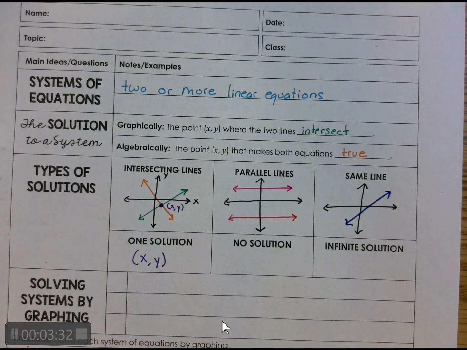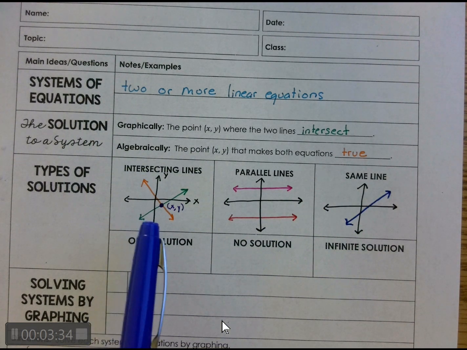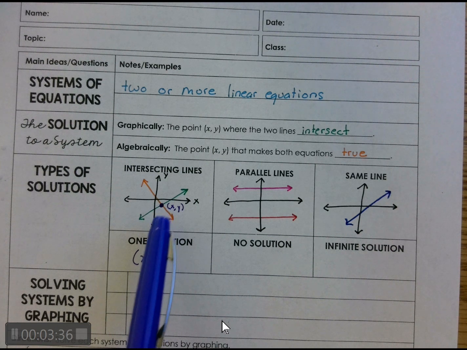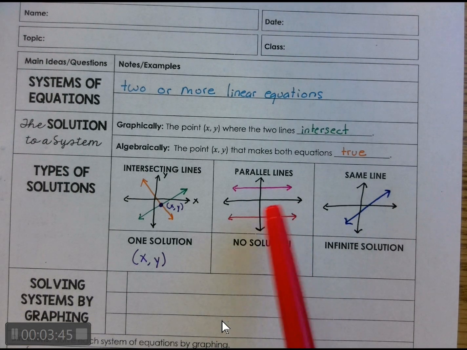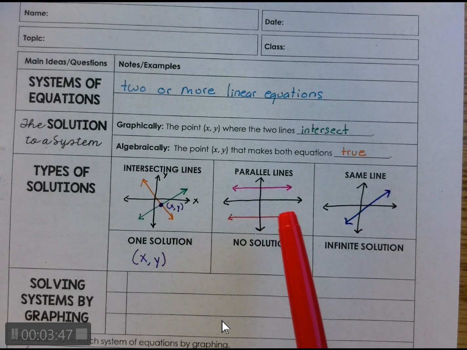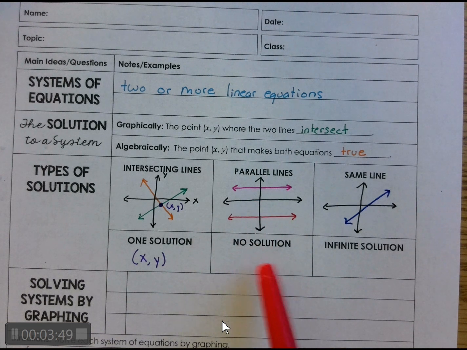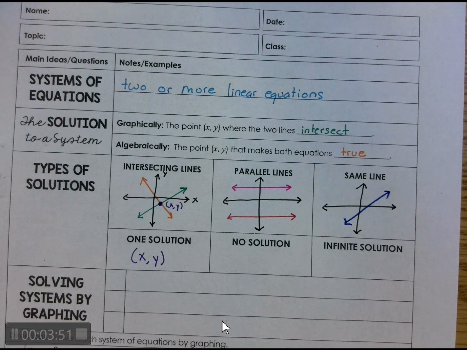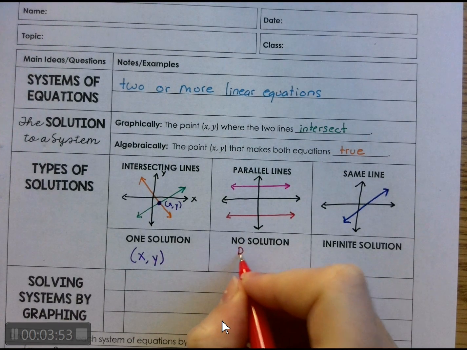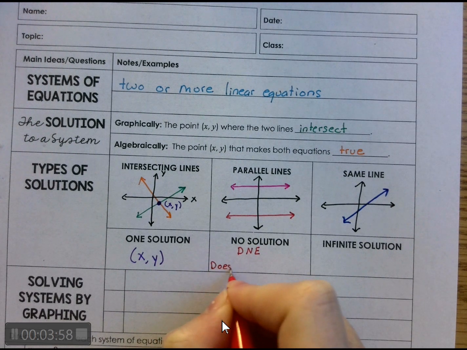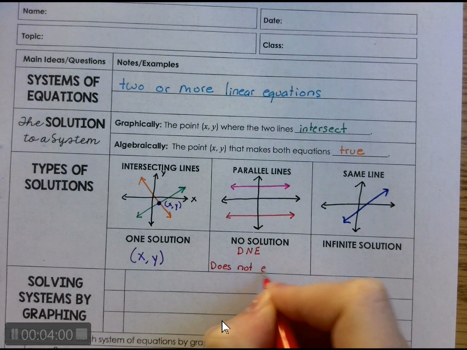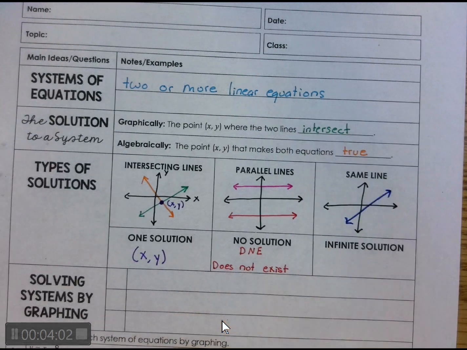So let's go back to our intersecting lines. So when we have a point of intersection, that means that we only have the one solution, and that's our xy point. Now, when we have our parallel lines, because they never cross or intersect, we have no solution. So when that happens, you can write DNE, which means does not exist.